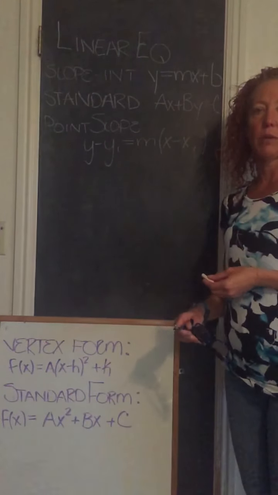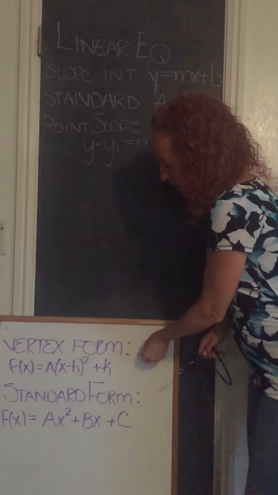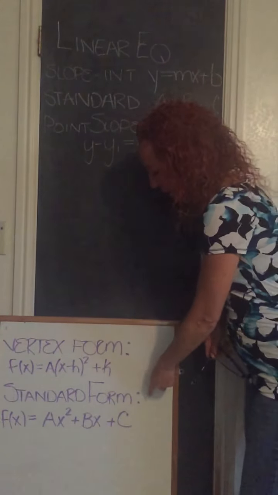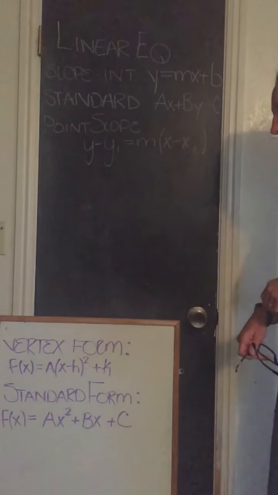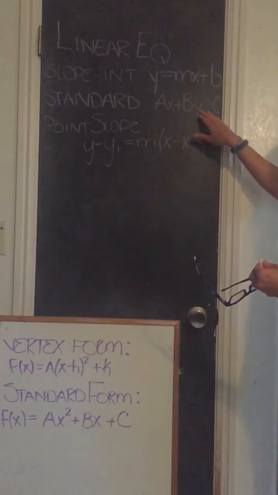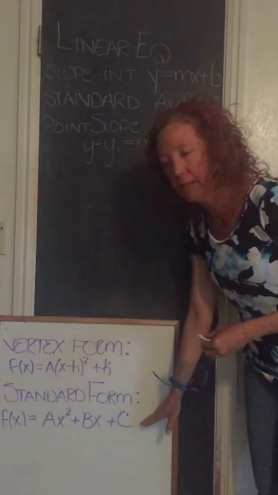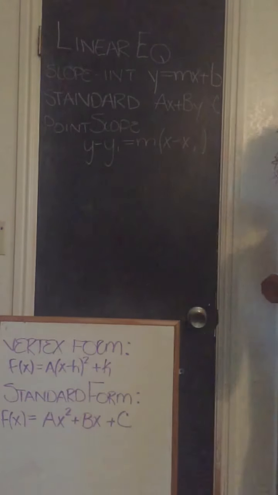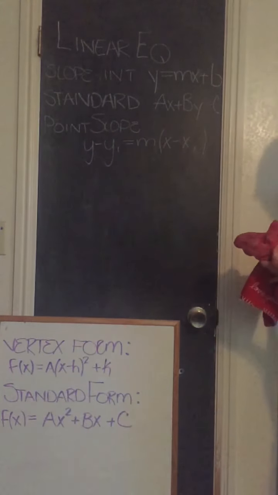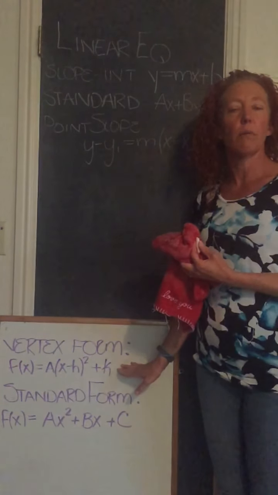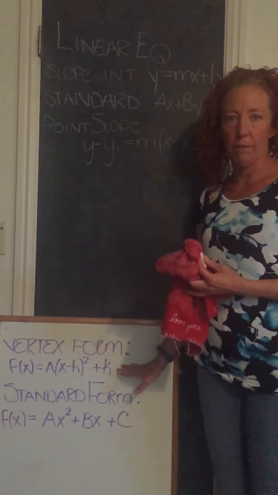The two forms that we're going to look at are the vertex form, which is what we saw in 11.6, and the other form that we see is standard form. Notice the similarity between standard form in this case for a line and standard form here. When something is given to us in vertex form, we already went through all the steps of graphing.